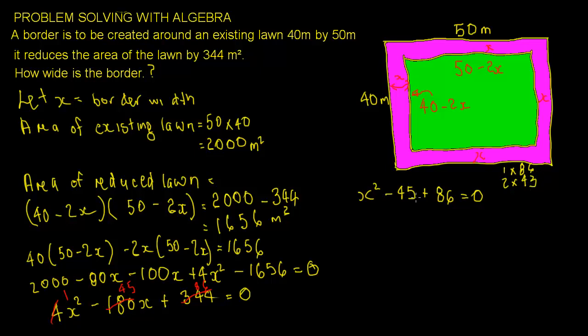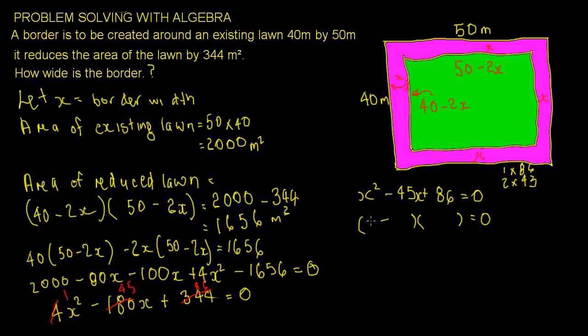We've got a positive sign here, so that tells us that in our brackets, both the signs are the same. And if we look here, that tells us that they're both negative.